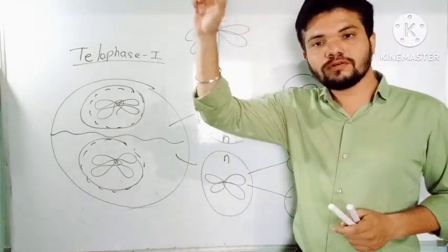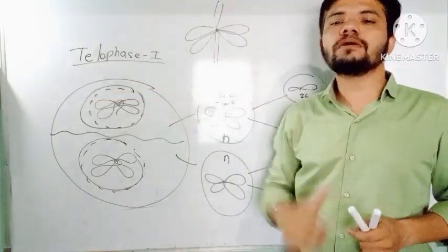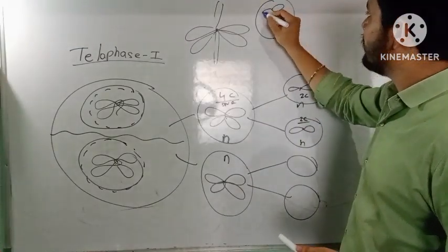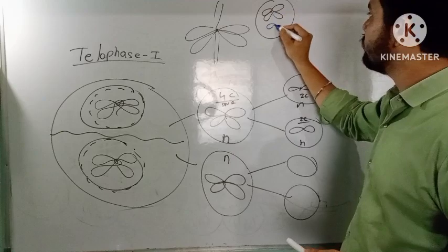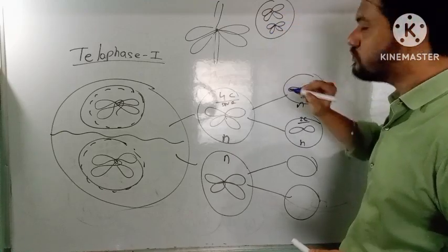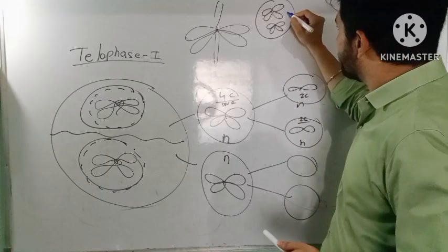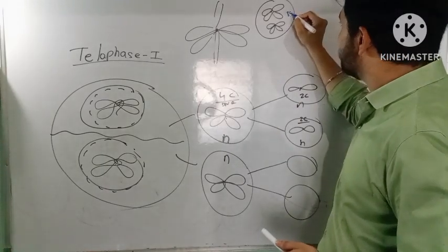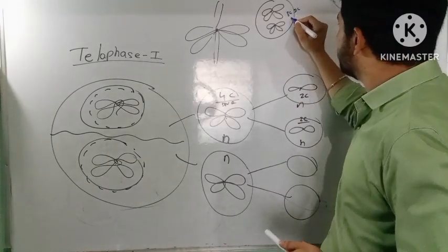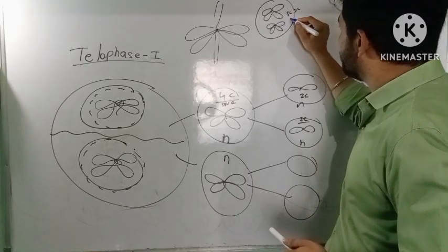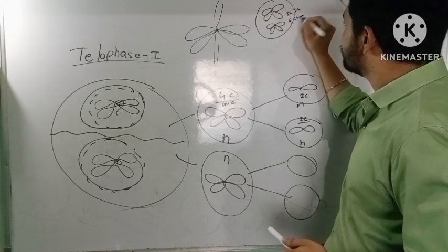But in the case of meiosis 1, the chromosome number was decreased. So we started from the diploid cell, which is having two sets of chromosomes, and let's say 8C DNA content, and let's say 4 chromosomes.